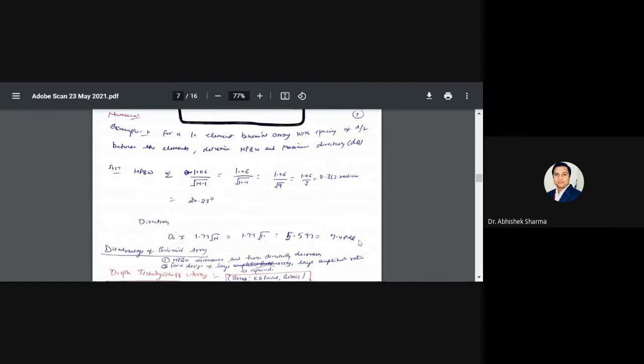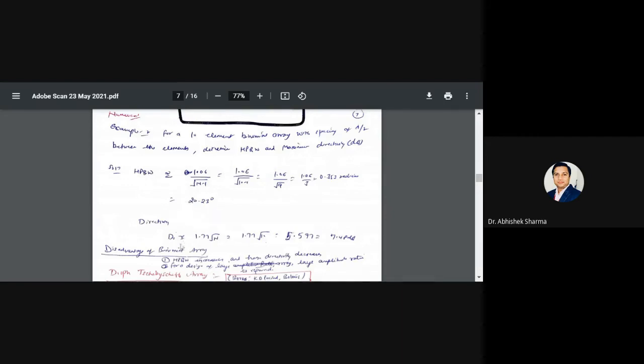So when someone asks you to design a binomial array, then he is asking you to find out the values of different amplitude excitation coefficients along with its directivity and half power beamwidth. And if we ask for the beamwidth between first nulls, then it is divided by 2.